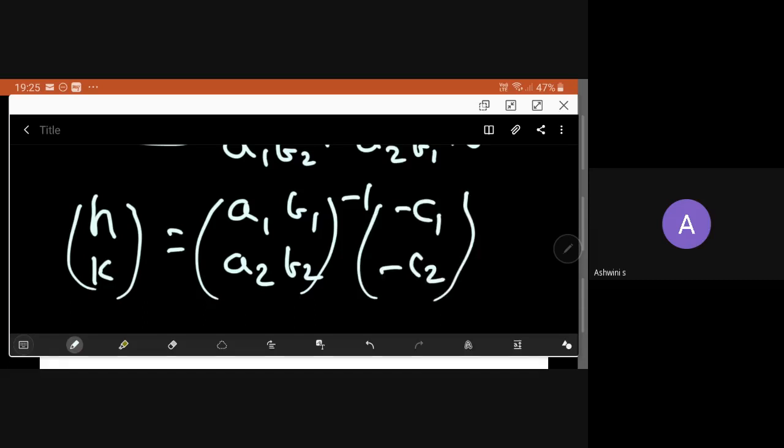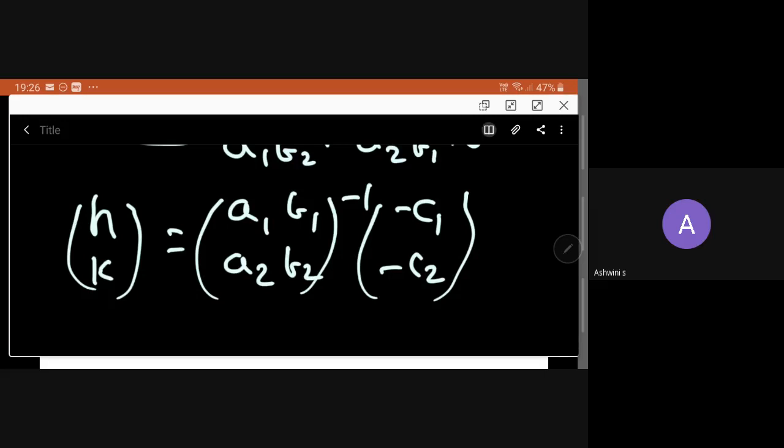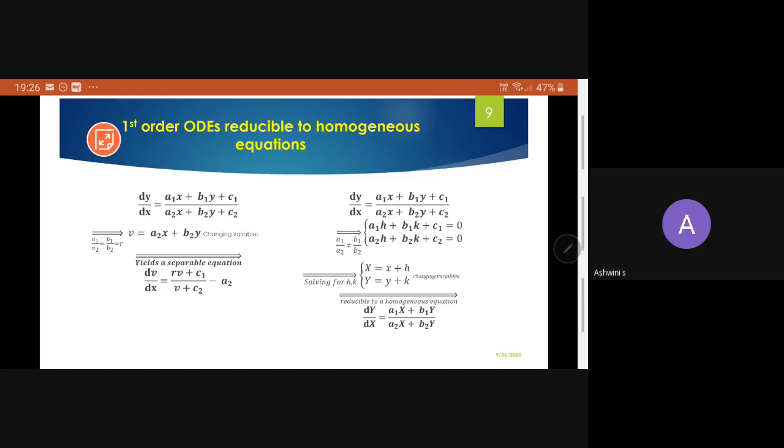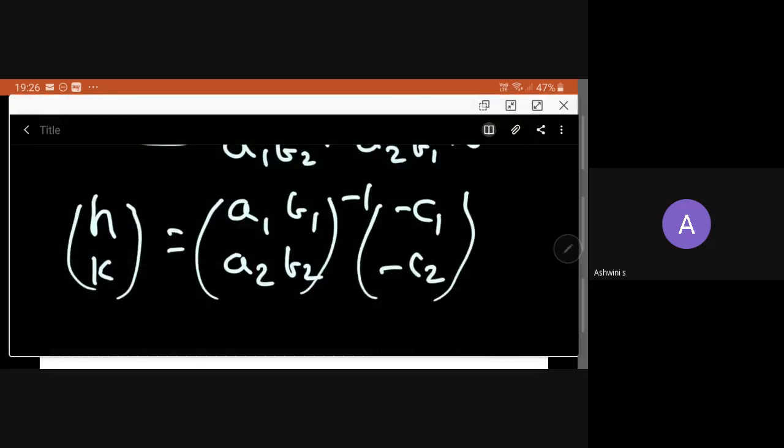We have discussed this previously, so you can easily obtain h and k. Thereupon you can write capital X is equal to x plus h and capital Y is equal to y plus k.